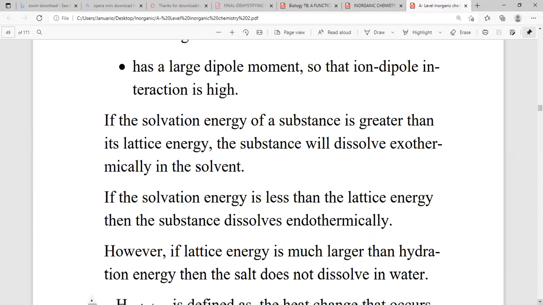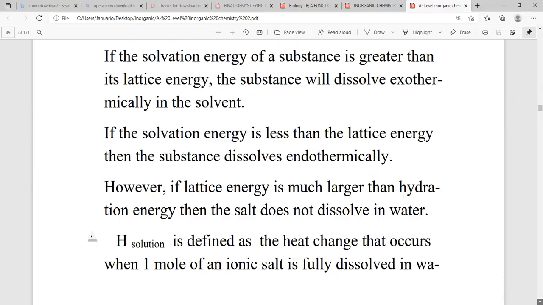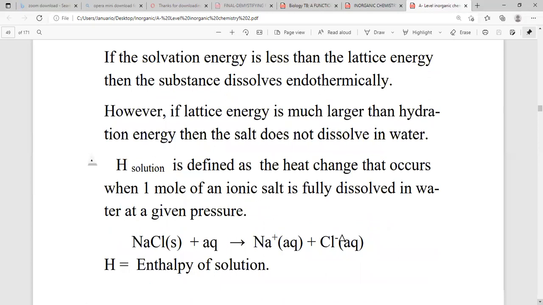However, if lattice energy is much larger than hydration energy, then the salt does not dissolve, because we need the enthalpy of solution to be not very much positive. If it is too positive, then that means the salt does not dissolve in water.